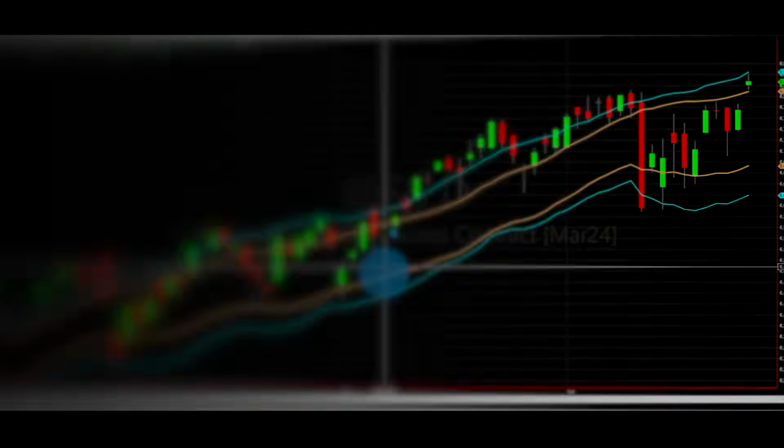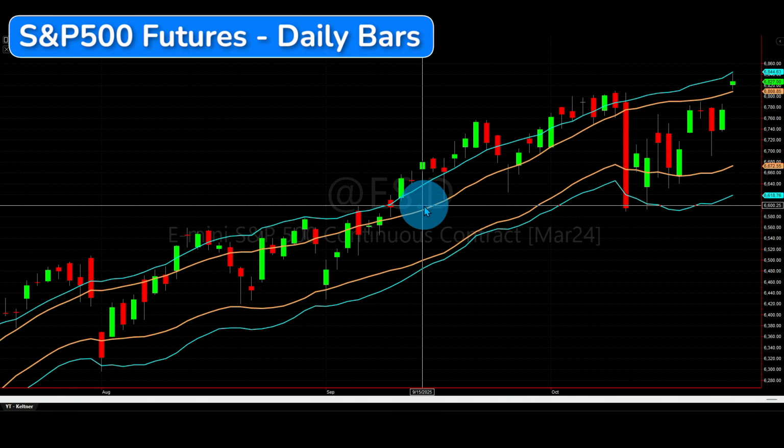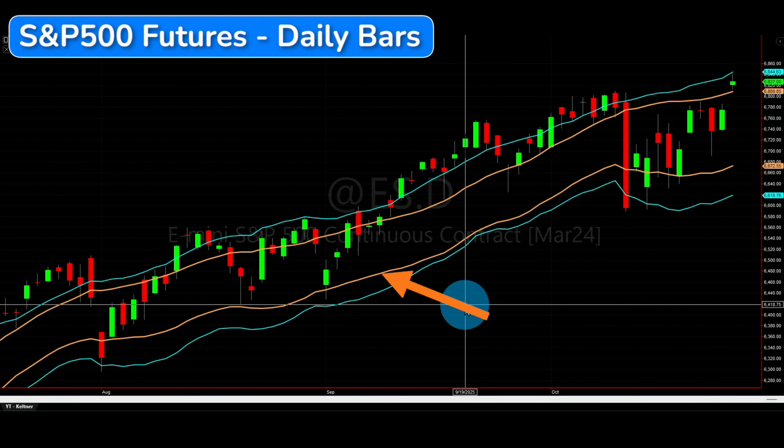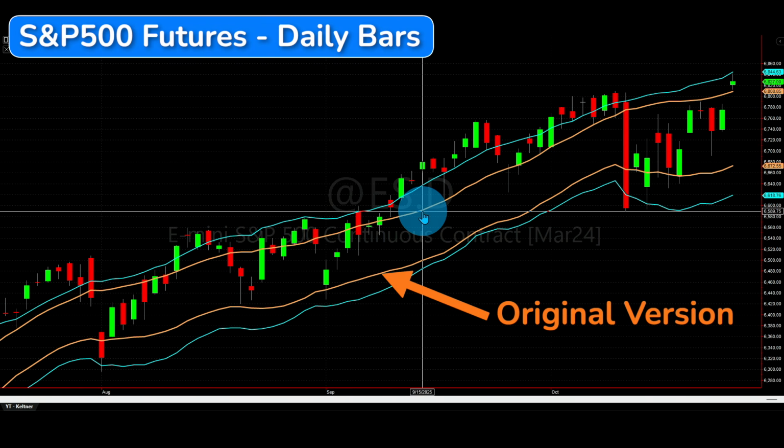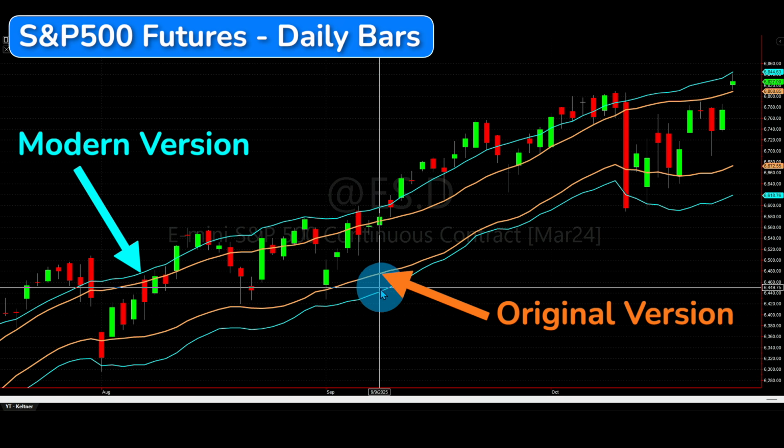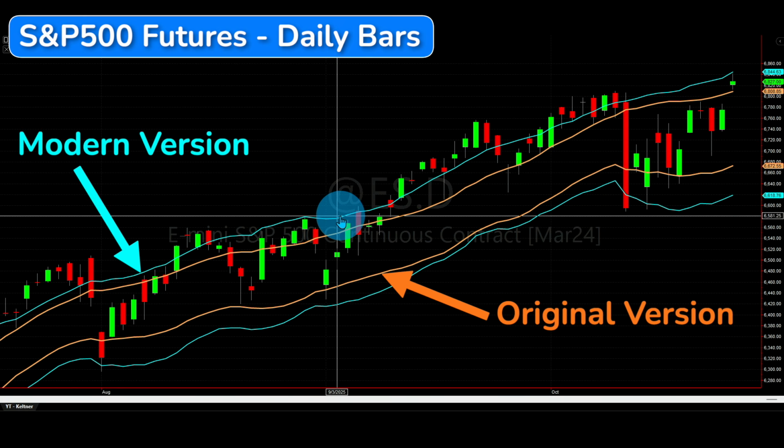But most likely, if you are using Keltner Channel today, you're using the modern new version developed by Linda Raschke or Stark, where they use the exponential moving average and the average true range to build the indicator with its upper and lower band. Here is a chart showing the indicator on the S&P 500 futures. The orange bands are the original Keltner Channel indicator, and the cyan bands are the modern version of this indicator.